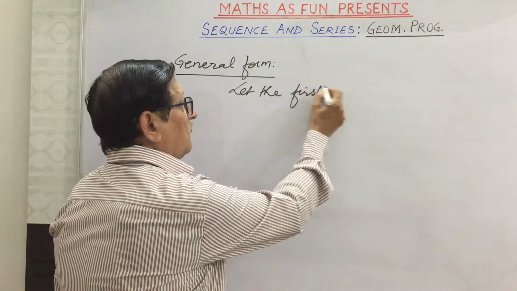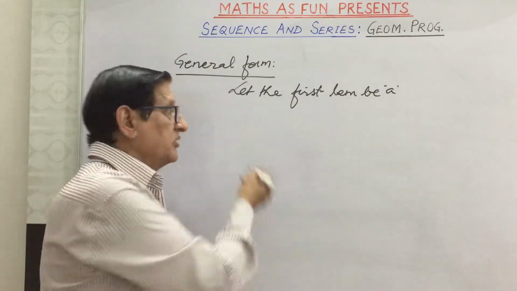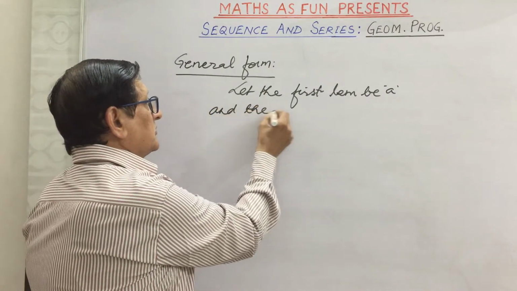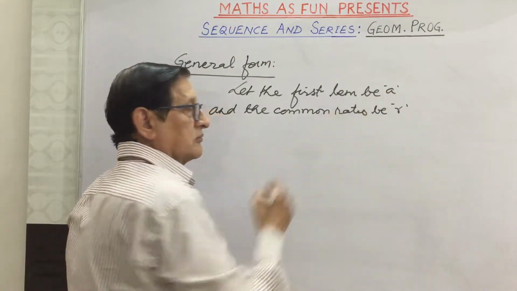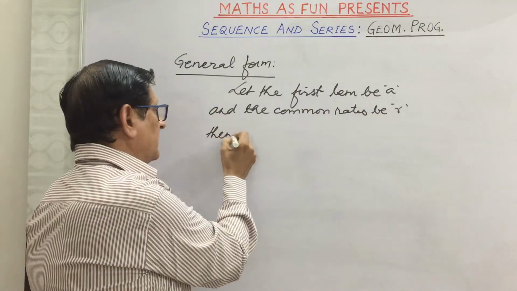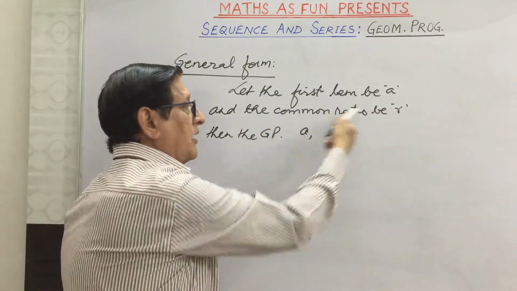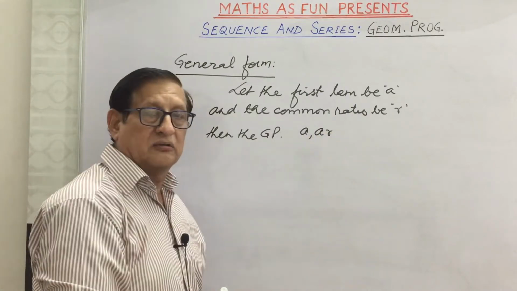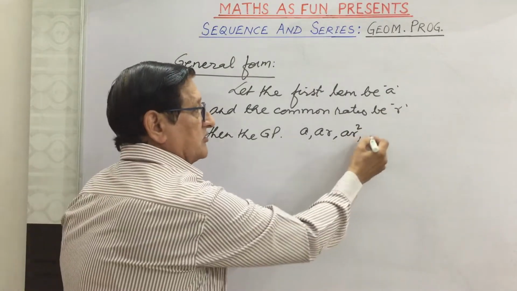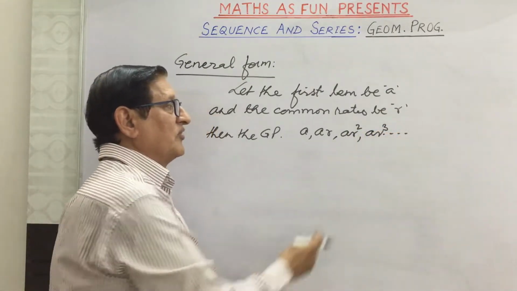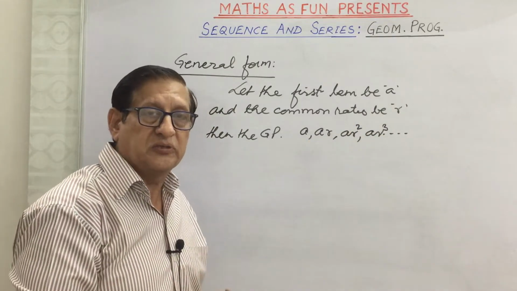Let the first term be small a and the common ratio be R. Then the GP will be: the first term is A. We multiply R to get the next term, that is A into R. Multiply R again to get the next term, that will be AR square. Next term will be AR cube and so on, we can get the GP. So this can be said to be the general form of any GP.